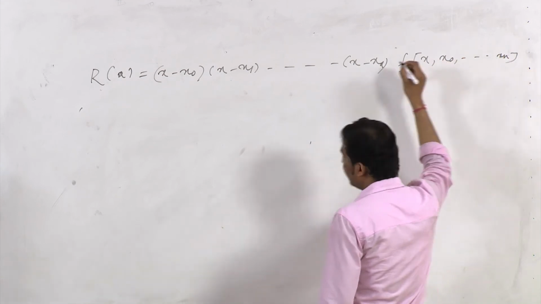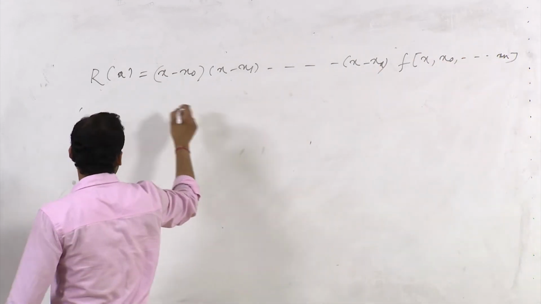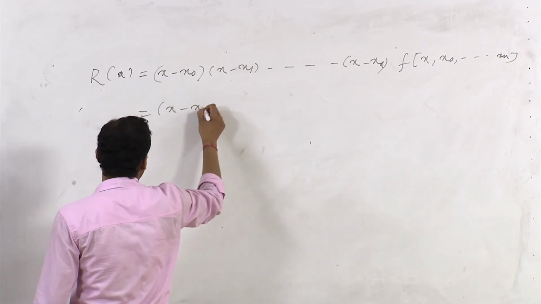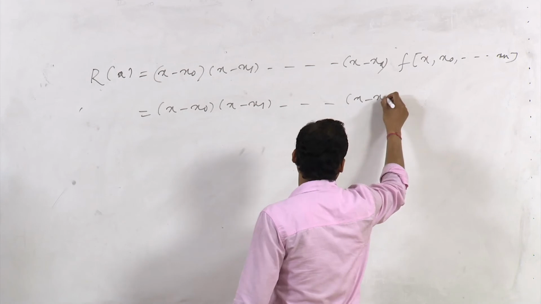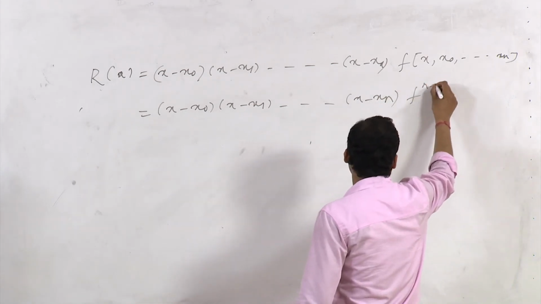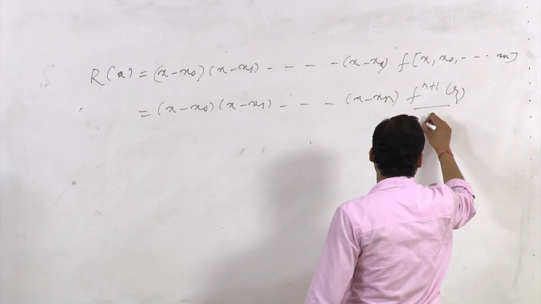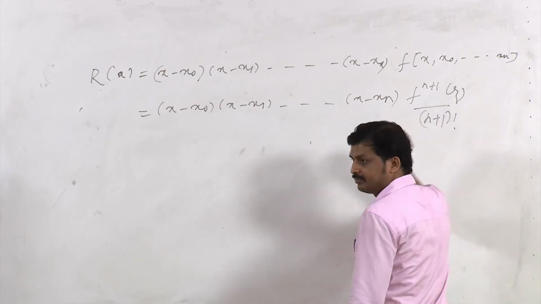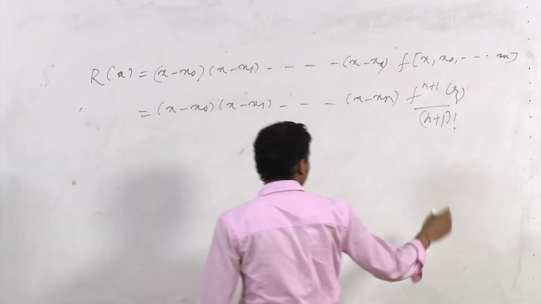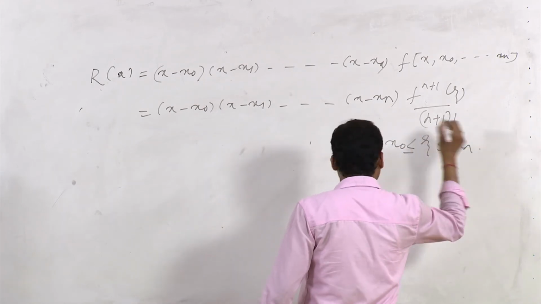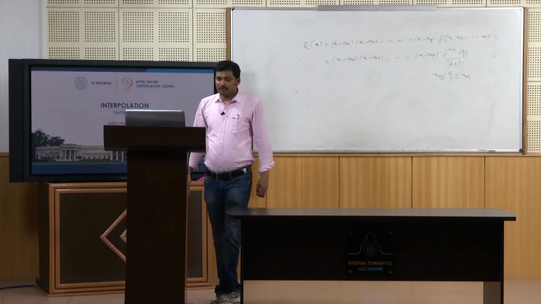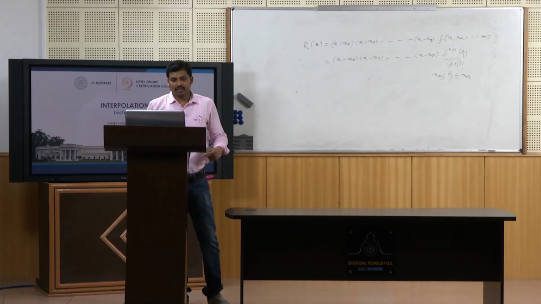In a modified form it can be written as x minus x0, x minus x1, to x minus xn, f to the power n plus 1 of zeta, divided by n plus 1 factorial, where zeta lies between x0 and xn. So, Newton's divided difference formula also converts to Newton's forward difference formula for equidistant tabular points.